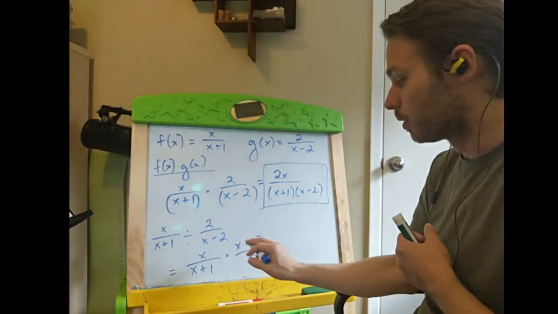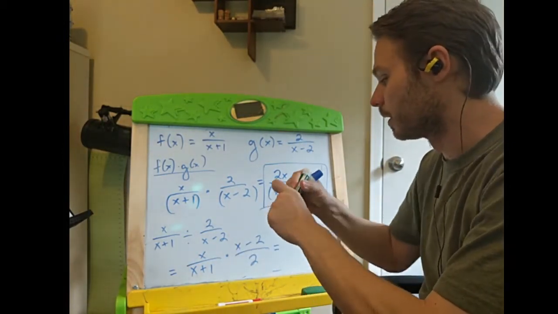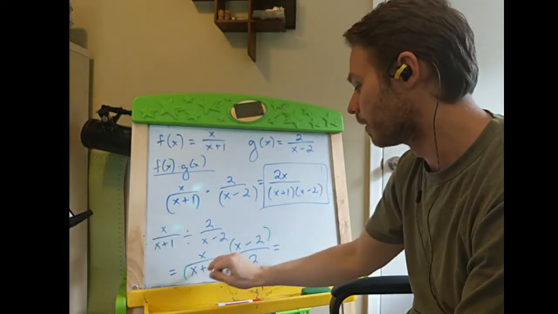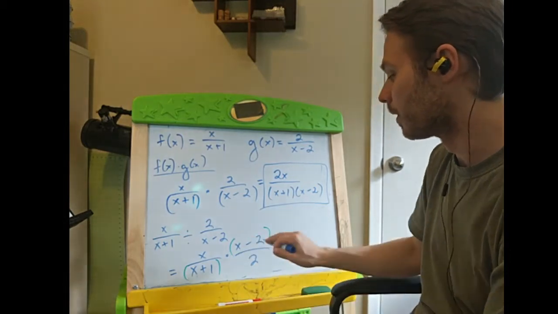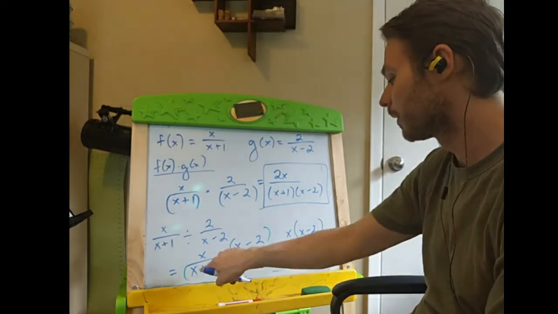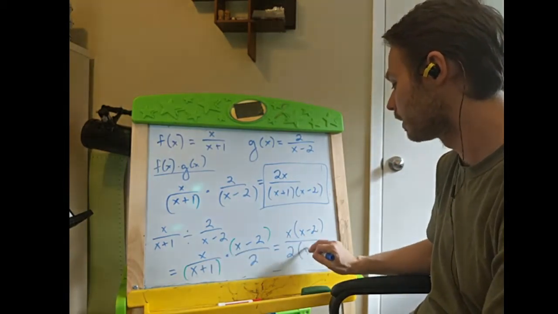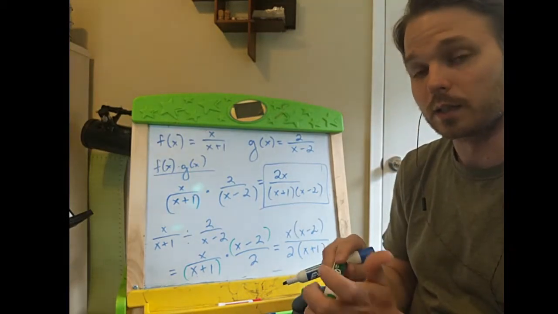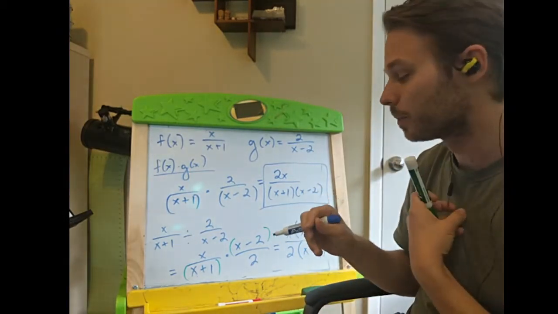X times x minus 2, again, make sure you're thinking about this thing in parentheses, and this in parentheses. So when I write this, it becomes x times quantity x minus 2 over 2 times quantity x plus 1. You can see where it's easy to make a mistake if you don't put that in parentheses.